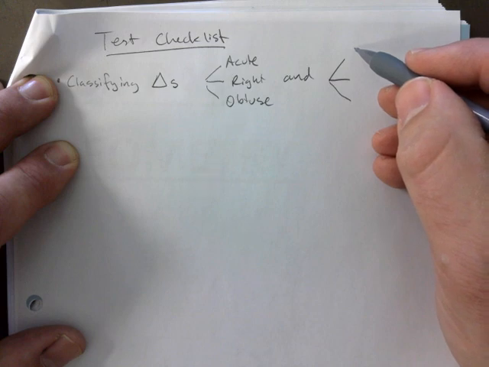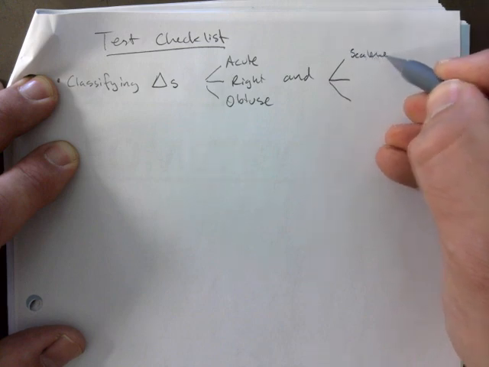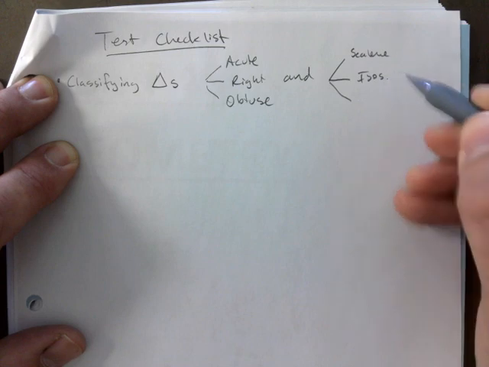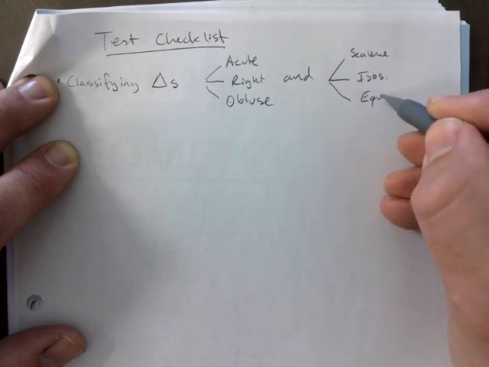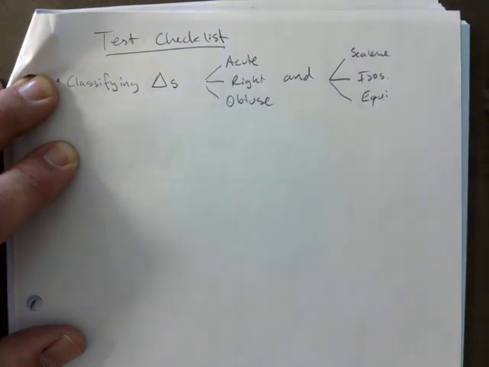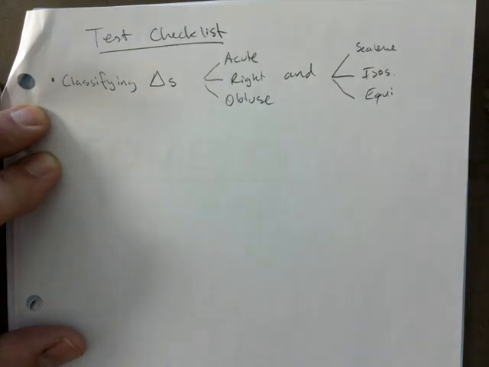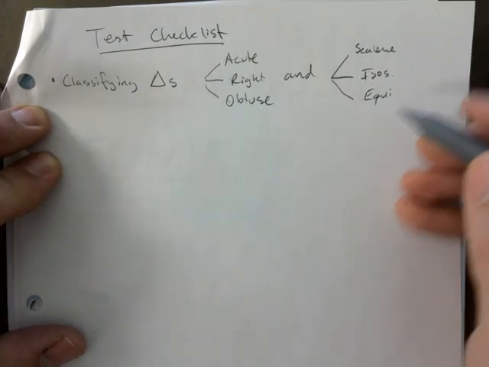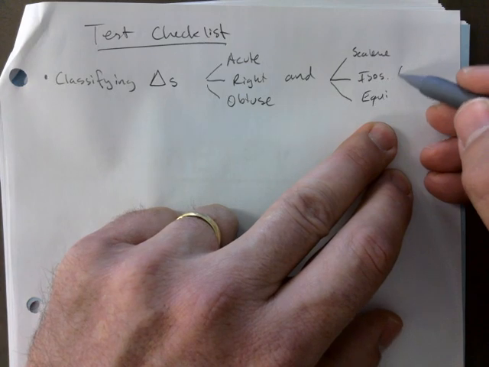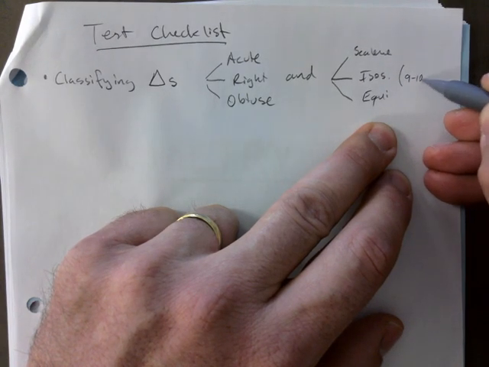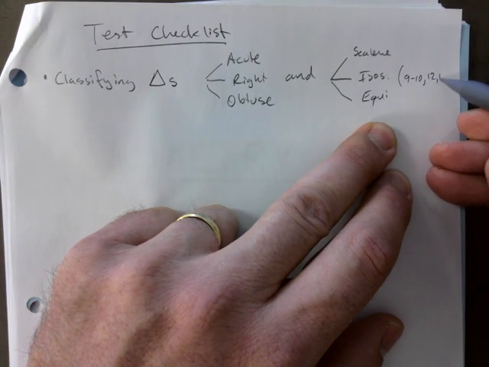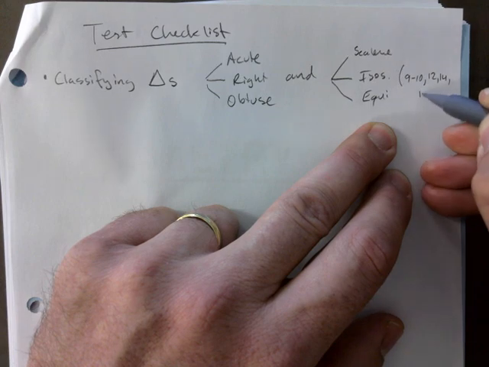That would be a scalene, isosceles, and equilateral. So you got to be able to do that. If you want some page numbers, I'm going to put them in brackets here. 9 to 10, 12, 14, 18.